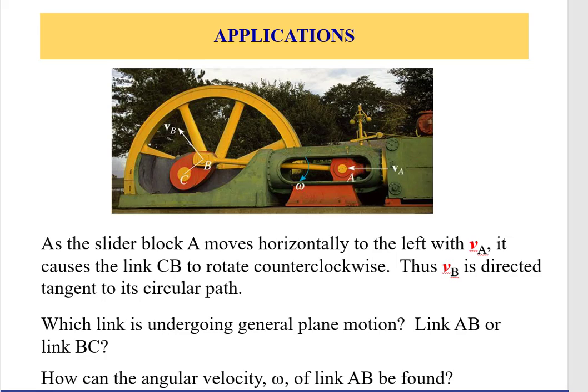Application of this motion analysis using the velocity is, for example, looking at this mechanism that comprises a wheel and a slider block A that is moving horizontally at a velocity of VA, causing the link AB to undergo a general motion where the end of link AB is connected to a crank which rotates about an axis, meaning that link B or point B is undergoing a circular motion.